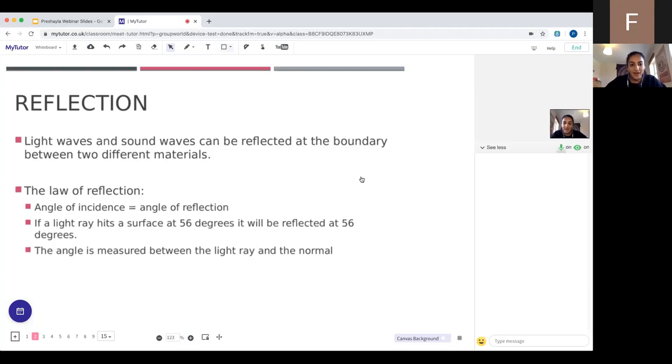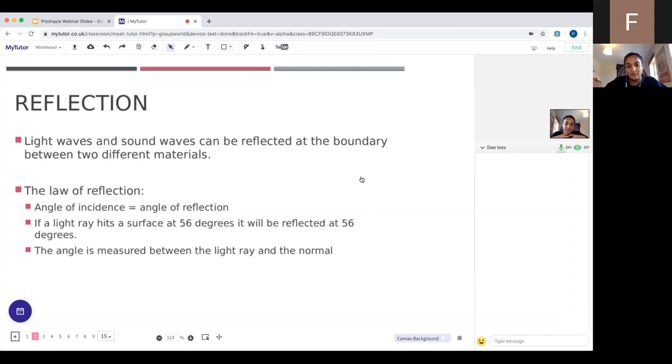And then we have a law. Not really an equation, but a law, which says that the angle of incidence, don't worry if you don't know what the angle of incidence is yet, equals the angle of reflection. What that means is the angle that the light ray enters at is the same as the angle that it reflects with.